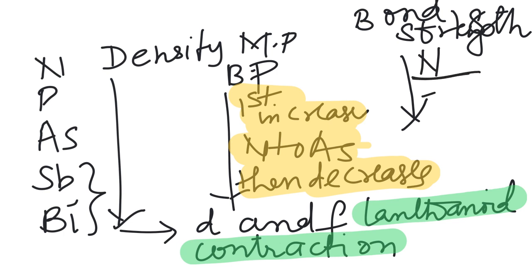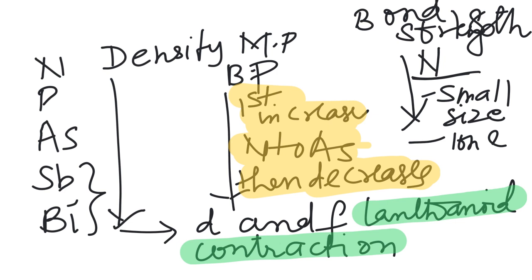Because nitrogen has small size, and due to the single bond nitrogen-nitrogen there is repulsion. Due to the presence of lone pairs in nitrogen there is repulsion between the bonds, and the bond in nitrogen is weak.